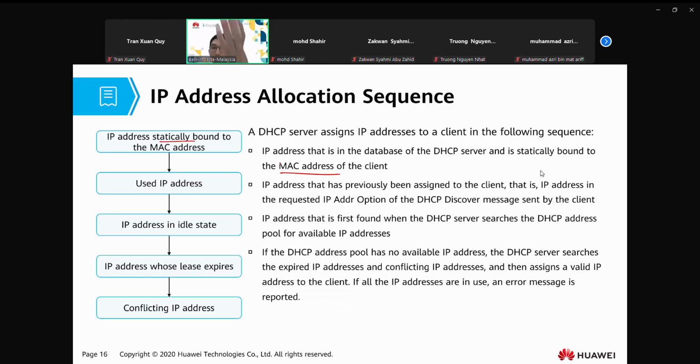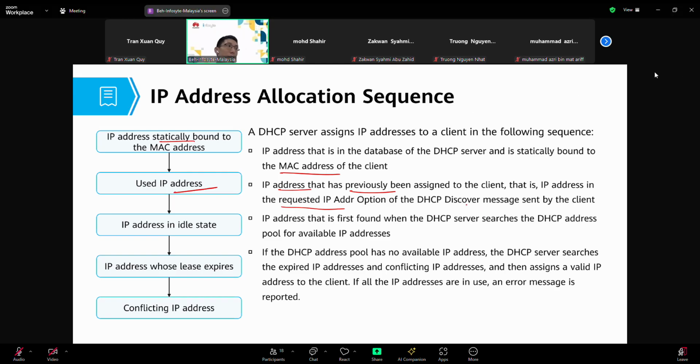If yes, assign that. If no, check whether any IP address was previously assigned to this client. If yes, reassign the same. This is the IP address requested in the DHCP discover sent by the client.